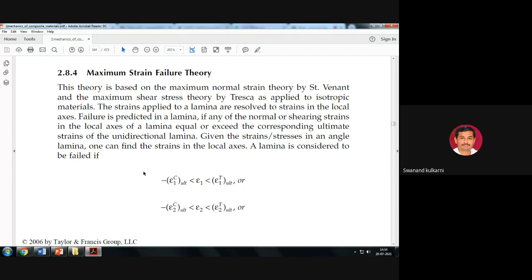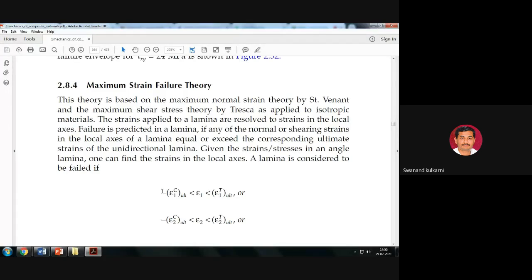These two are the references of maximum strain failure theory, which are applied for isotropic materials, and the same are used here in this lamina also. So now this theory is given.